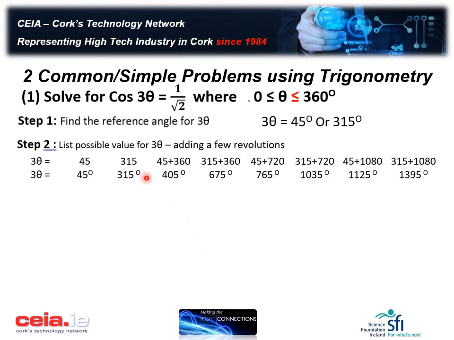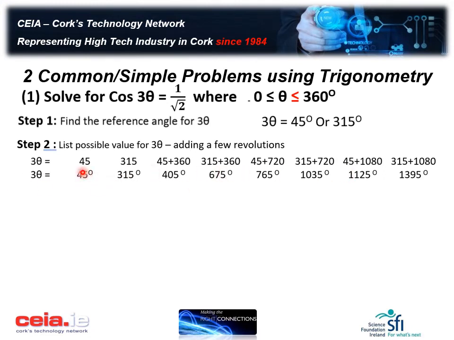The next step is to take what we've got in step one and add a number of full revolutions. We started out with 45 and 315 from step one, and to each of these we're going to add 1, 2, 3 revolutions. We'll go on for maybe 3 revolutions.